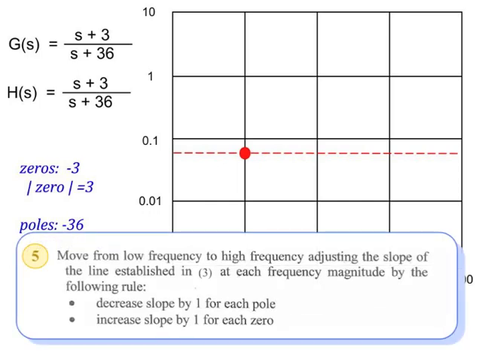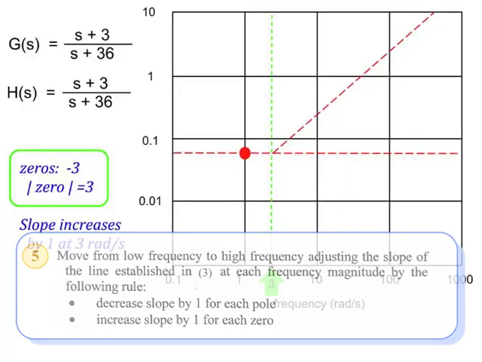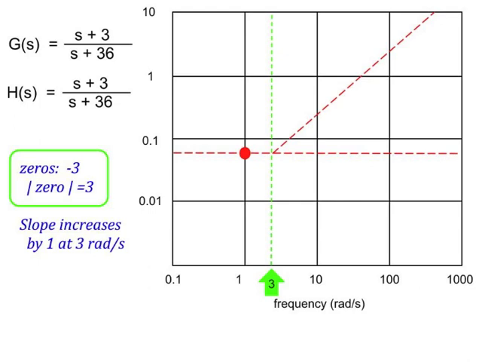In step 5, we move from low frequency to high frequency, adjusting the slope of the line at the frequency magnitude of each pole and zero. So in this example, we have a 0 at -3 and a pole at -36. So we first adjust the slope for the 0 at -3.